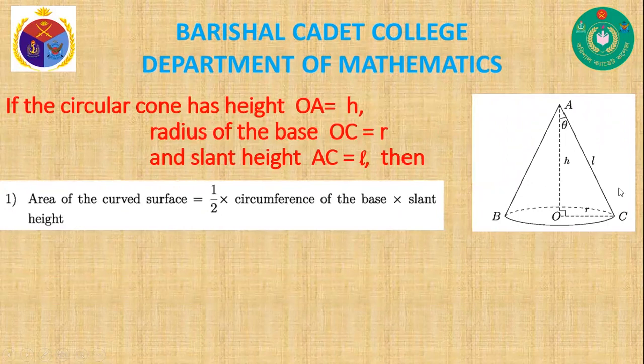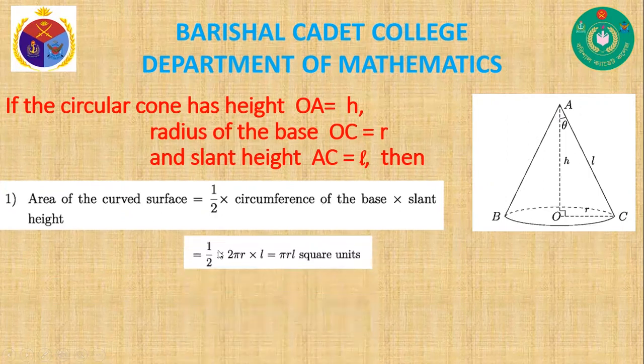The area of the curved surface will be half into the circumference of the base into the slant height. So half into, what is the circumference of the base? Since the base is a circle, the circumference of the circle will be 2 pi r. And what is the slant height here? l. So the final result will be pi r l square units.